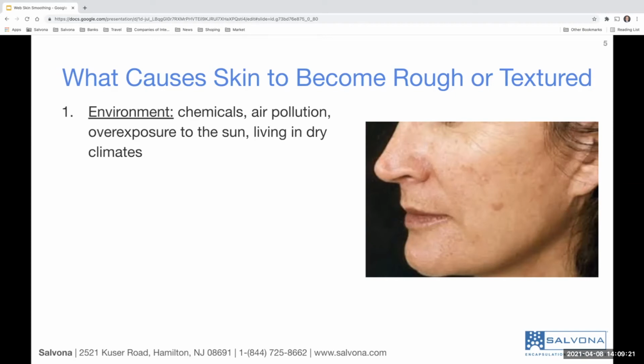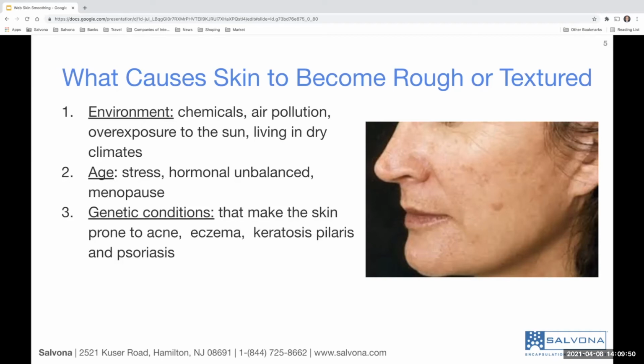So this is environmental factors. There may be some more that definitely affect the skin. Number two reason for that is age. It has to do with age, with accumulating stress, and also with age, we change some of the hormones. So the hormonal imbalance, like menopause, for example, is a reason that results in rough and textured skin.